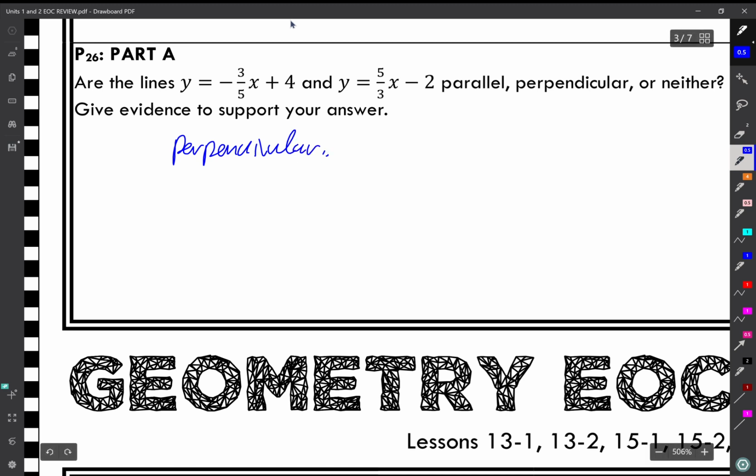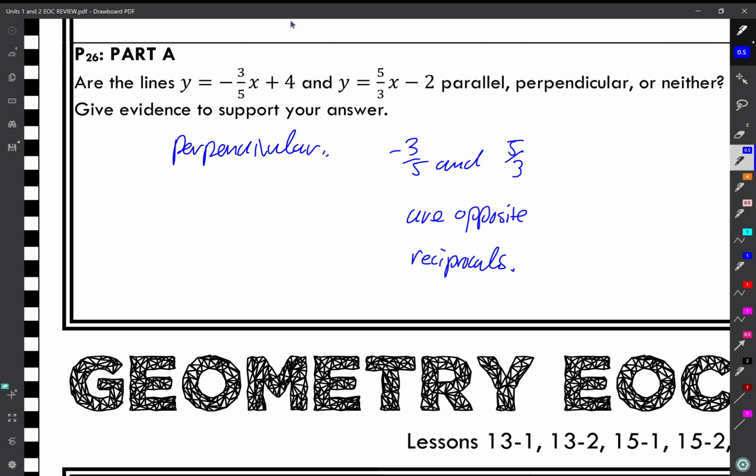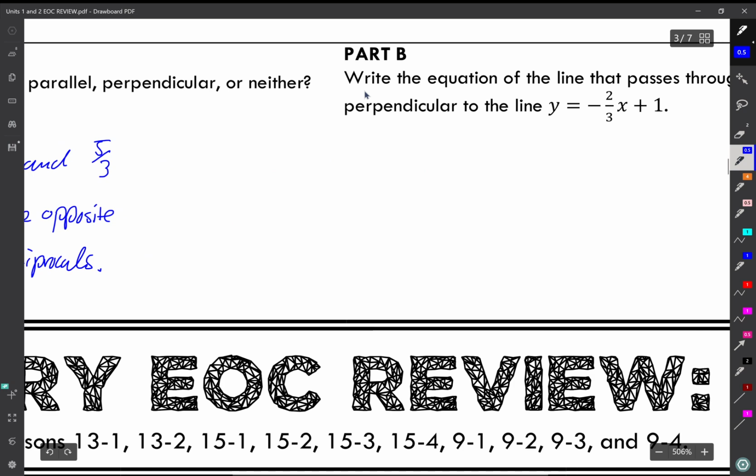Negative 3/5 and 5/3, which are the slopes of those two lines, are opposite reciprocals. And we know that the slopes of perpendicular lines are opposite reciprocals, so that means that they are perpendicular.